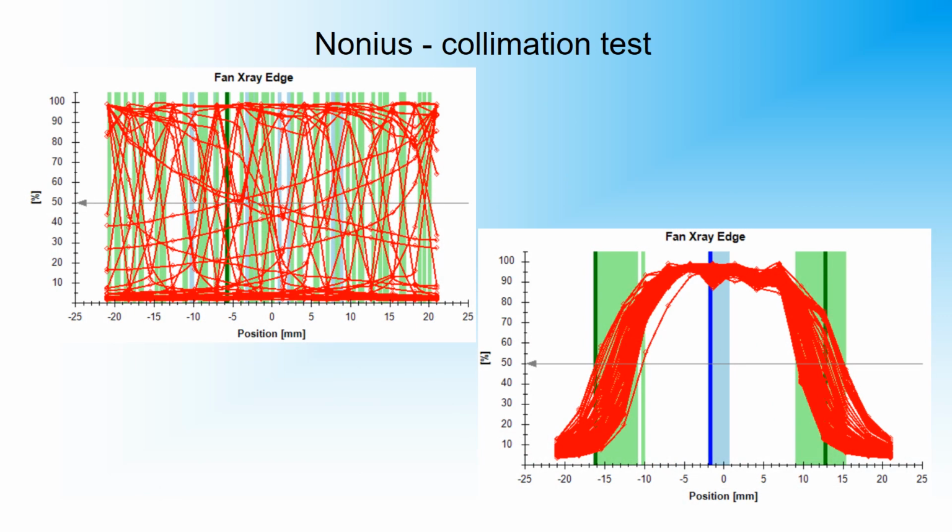Here you see on the top left side the series of measurements, where I show you just a single one. It tends to be a bit confusing, but it is the moving fan from right to left of the CT scanner. On the right hand side you see the result when I position the Nonius device in the isocenter of a rotating fan beam.